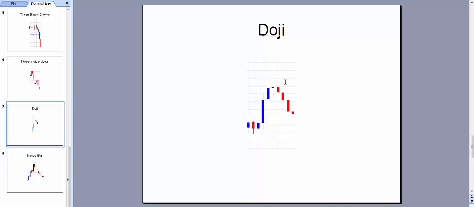It also indicates that this is the end of this uptrend, that we are reversing the trend, and we're going to have a bearish trend impact.